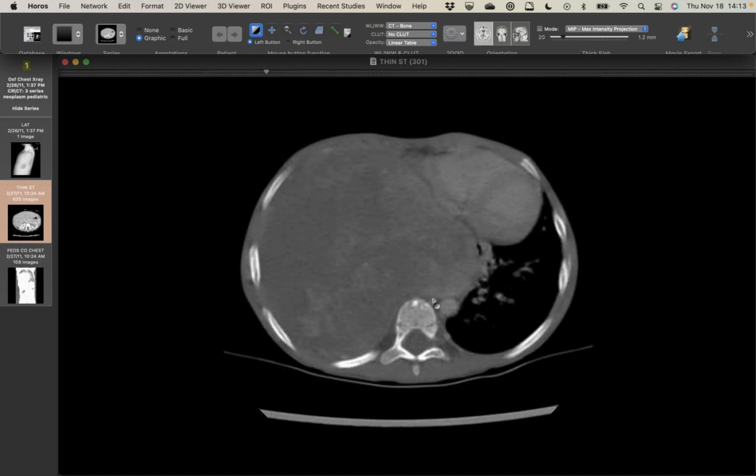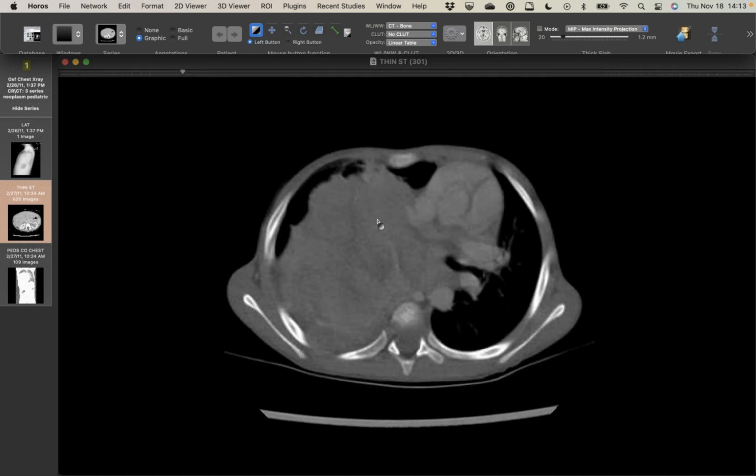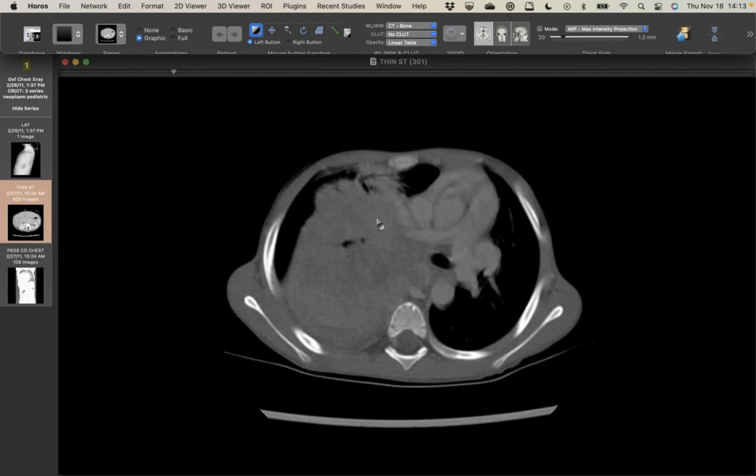You can't tell. Yeah, this one's pretty convincing for the lung just because it replaces most of the lung. But yeah, it's a rare tumor, so it's interesting to see one, but probably never see one again. Okay, Ewing sarcoma also could look like that.